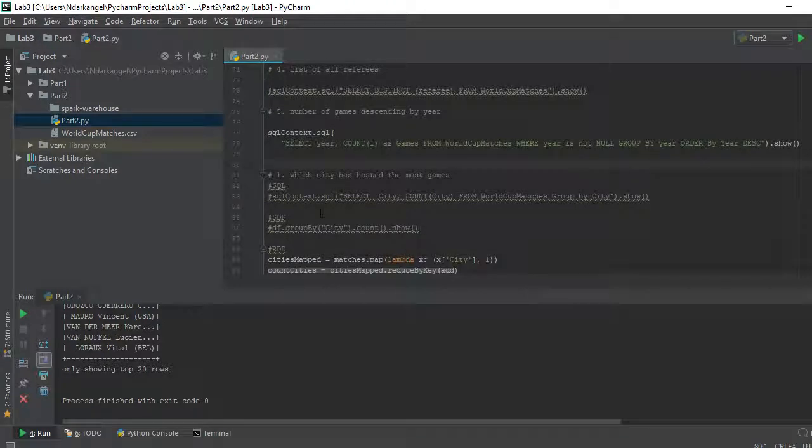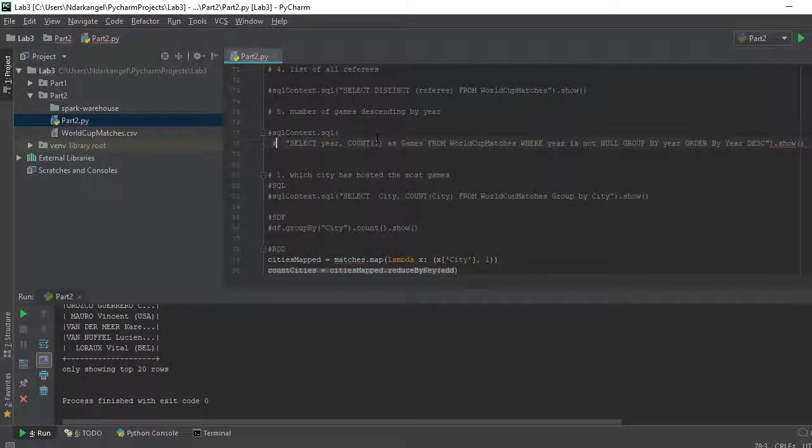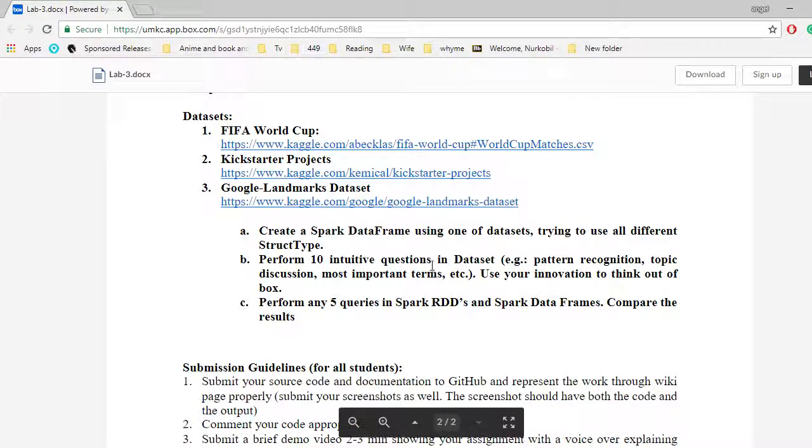Alright, now we go to the second part. Okay, we are done with the first five of the interview questions, so now we're going to combine B and C together. The last five of our interview questions are going to be reproducing SQL, Spark RDD and Spark data frame.